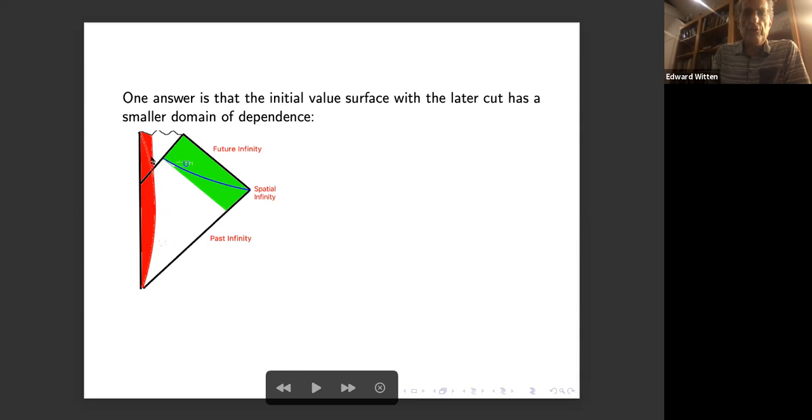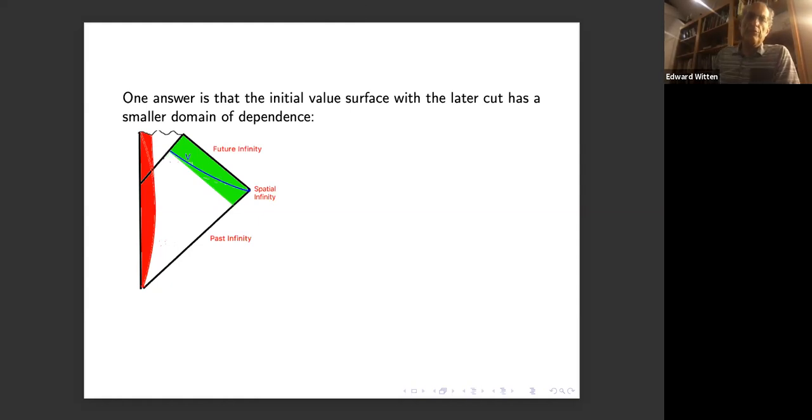So something here could have come from down there, for example, beyond region U. And similarly, something down here, well, you see, it could go behind the horizon and never reach region U. So the green region is the region with the property that any particle traveling slower than light in the green region has to pass through region U.